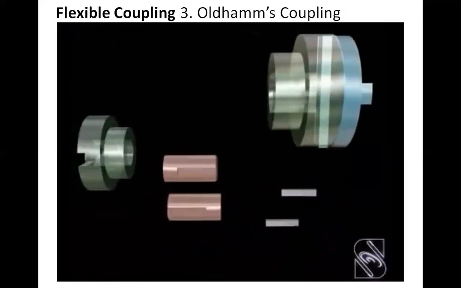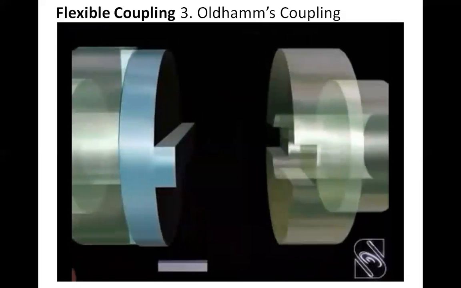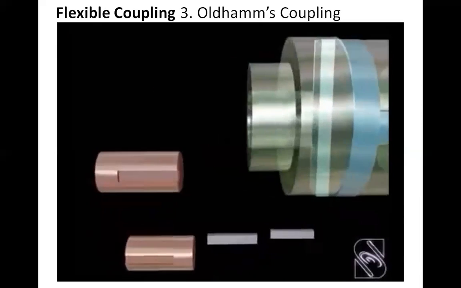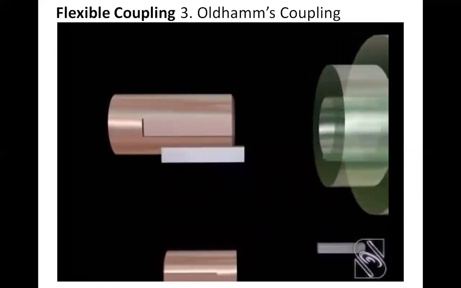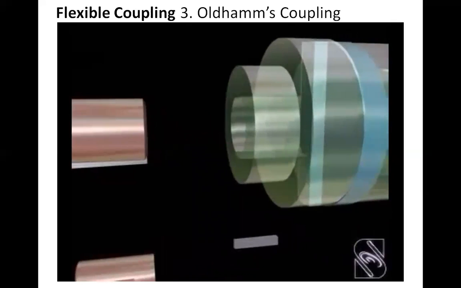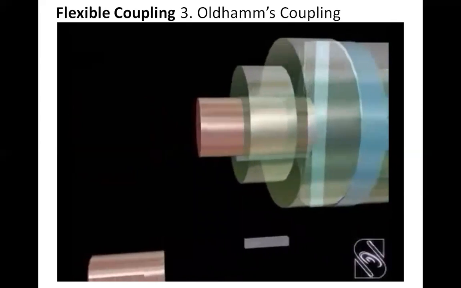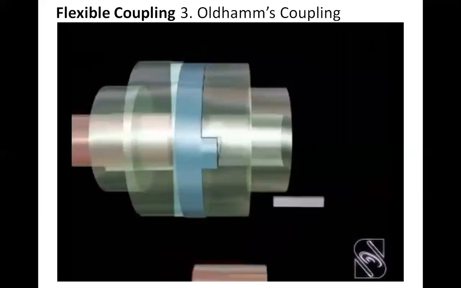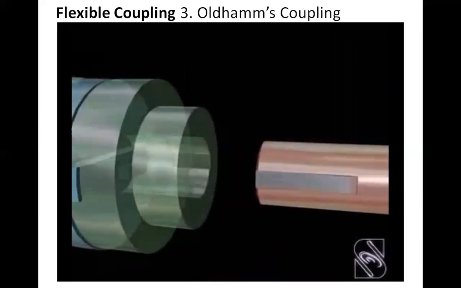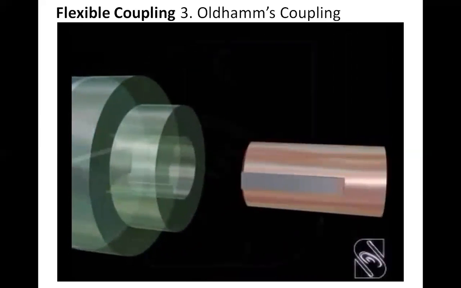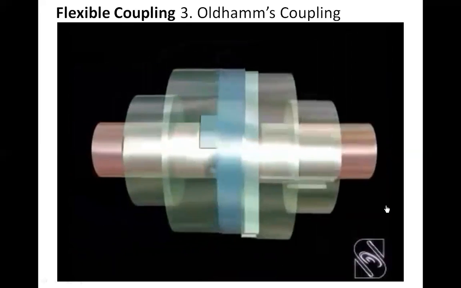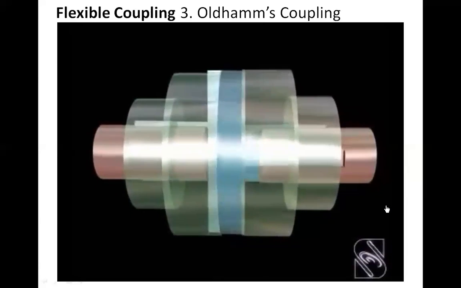The flanges are assembled to the center disc so that the recesses take in the rectangular projections. Shafts with the keys are fitted to the flanges as usual. This coupling is suitable for shafts whose axes require offset. Hence, this coupling is called a non-aligned coupling.